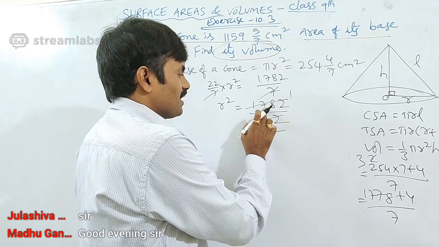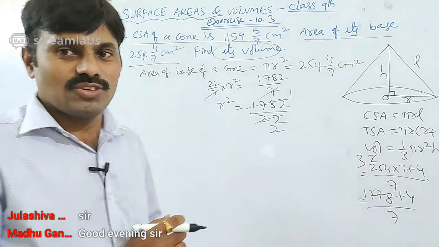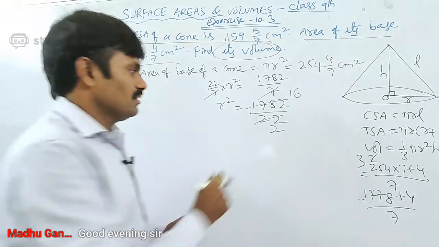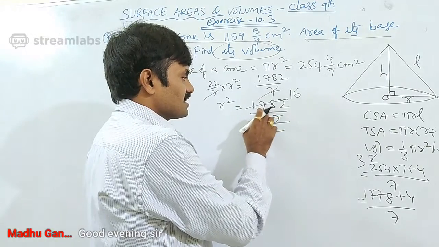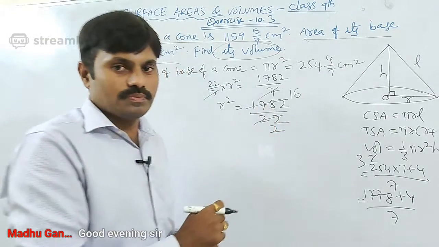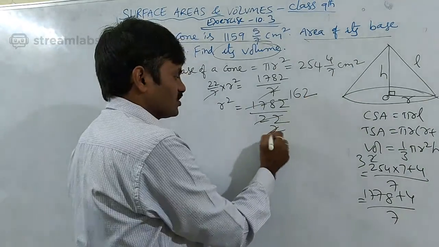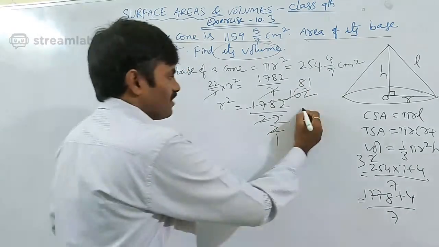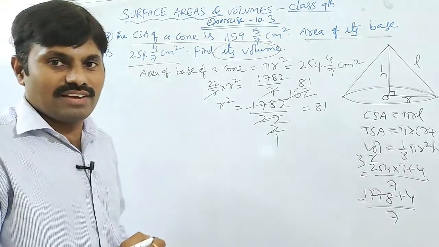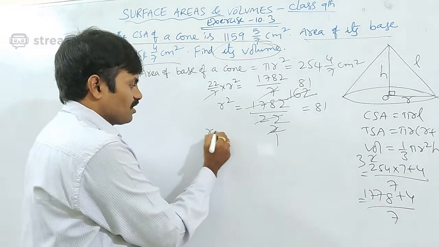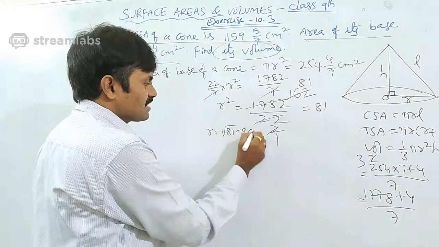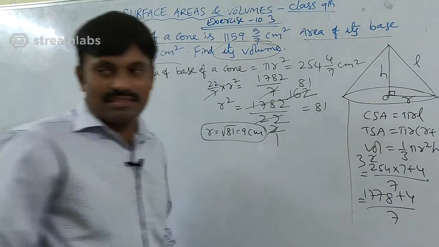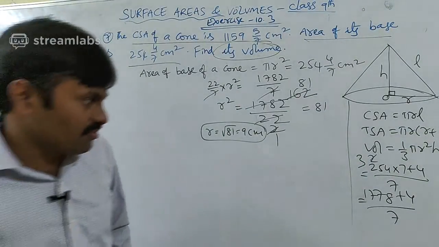Next, what is remaining here? 68. 68 divided by 11 is 6 times, 11 6s are 66, 68 minus 66 is 2. Then 22, 11 2s are 22. So r square value is 81, and r is the square root of 81, which is equal to 9 centimeters. This is my rough work.